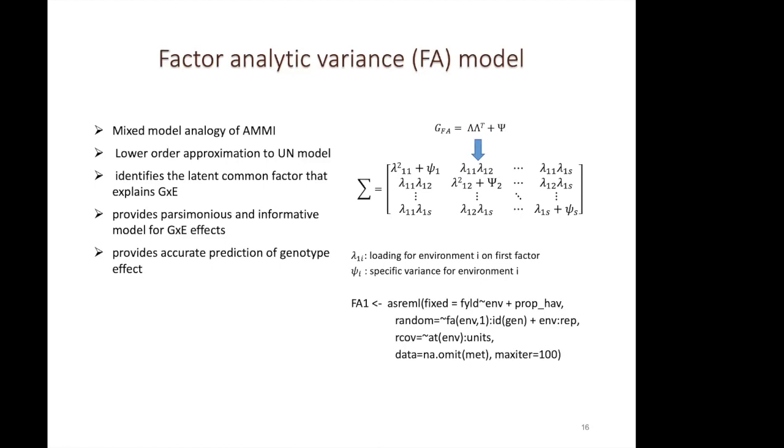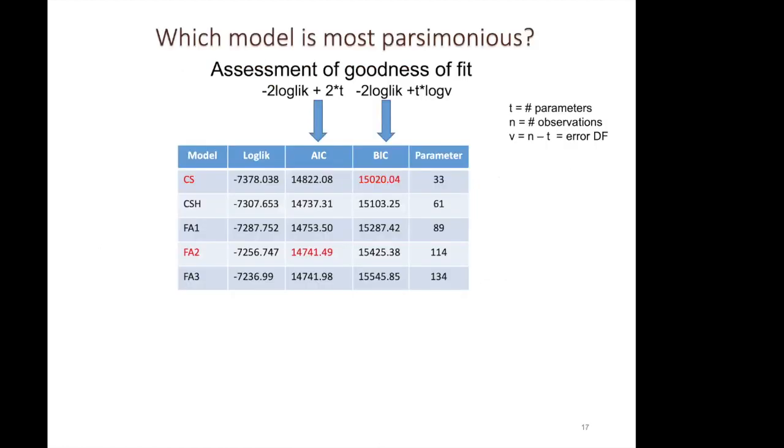After fitting all these sorts of models, we use goodness of fit statistics to identify the best model that explains the complex pattern in G by E. As you can see, the Akaike information criterion tells us that a factor analytic model of order 2 is the most parsimonious model explaining the complex structure of G by E, with 114 parameters.